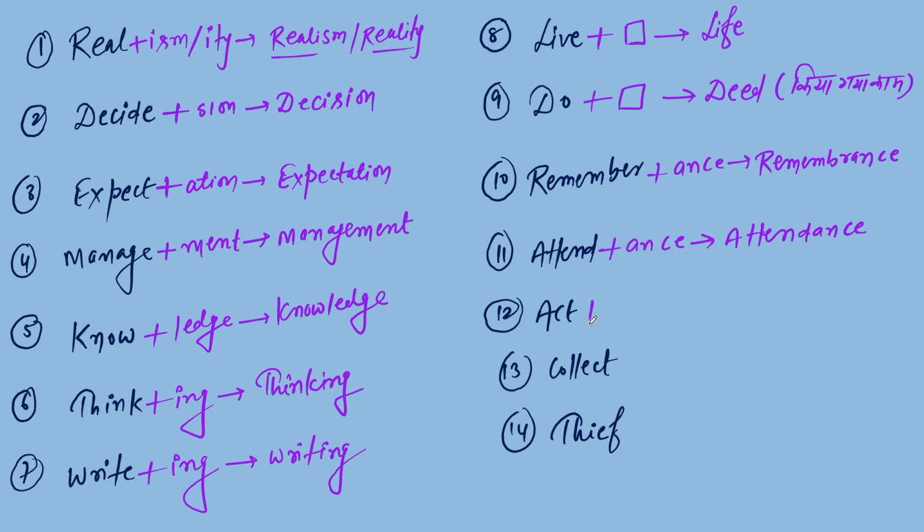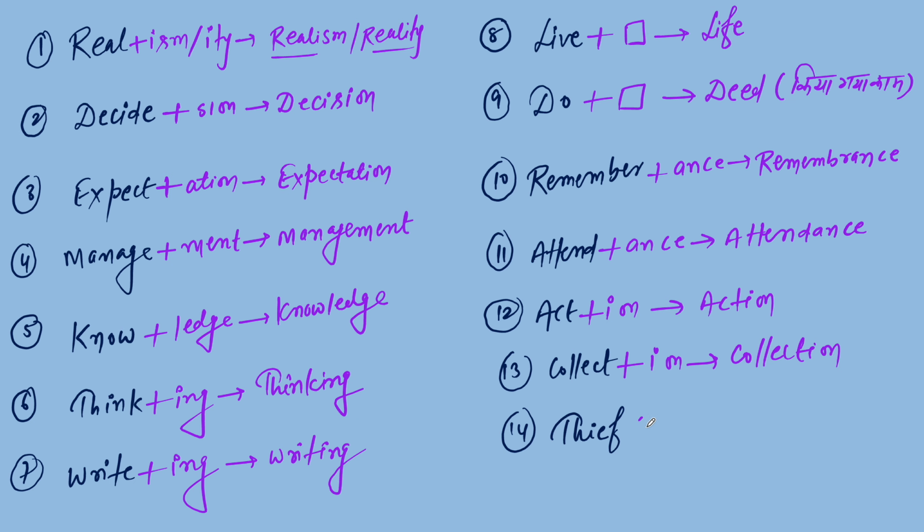And what should I write with act? Of course, ION. Then it will be action. And what should I write with this? ION. Good. Then it will be collection. And what should I write with thief?